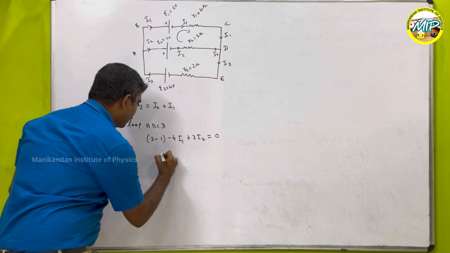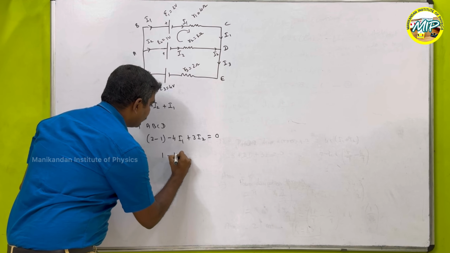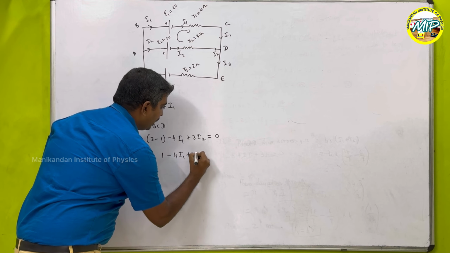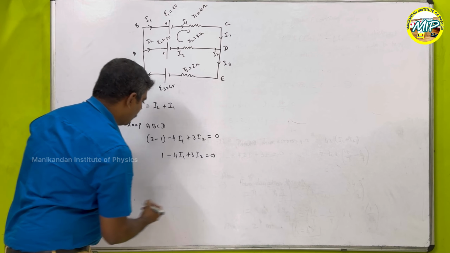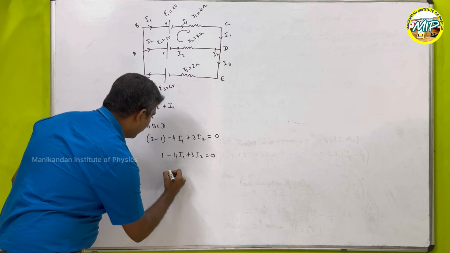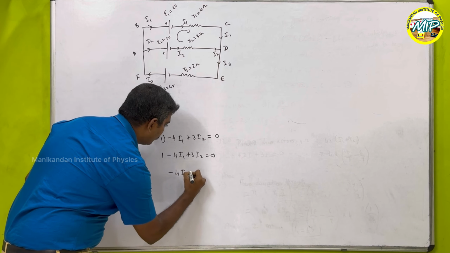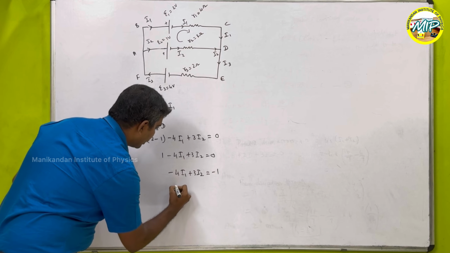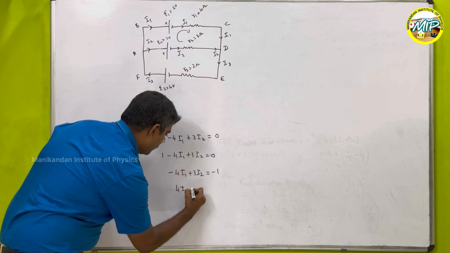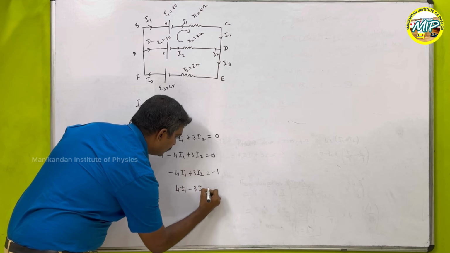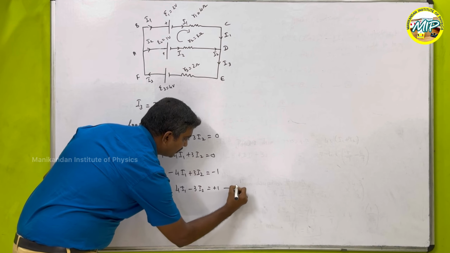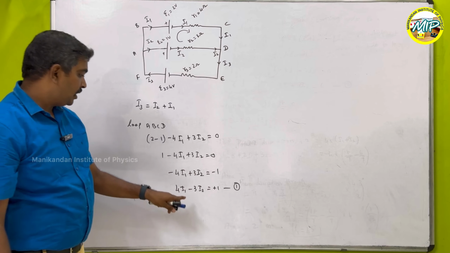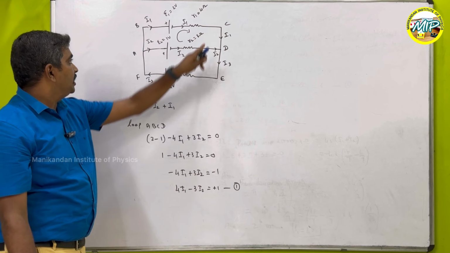Then it is 1 minus 4 I1 plus 3 I2 equals 0. So minus 4 I1 plus 3 I2 equals minus 1, so 4 I1 minus 3 I2 equals plus 1. This is my equation 1, the first equation from the first loop.